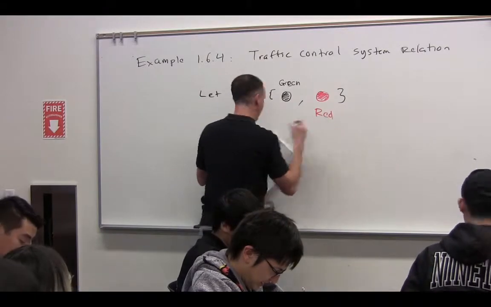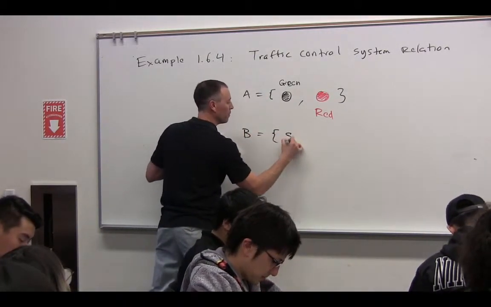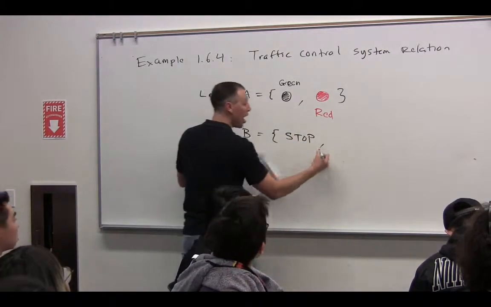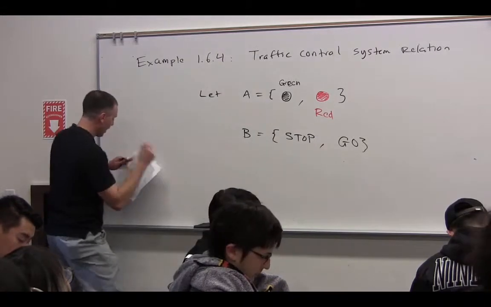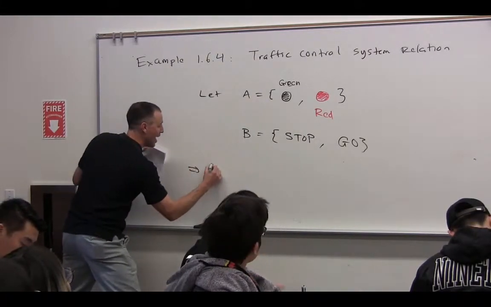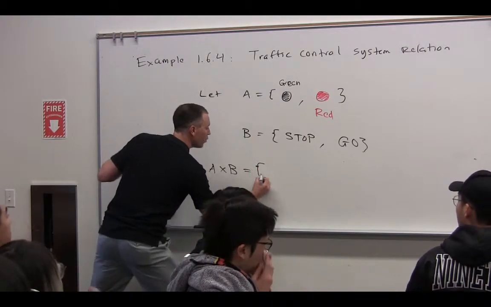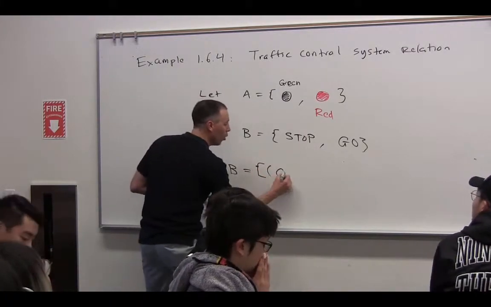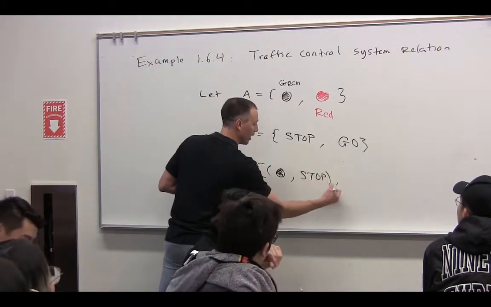All right, this is red. Could you guess what B is? The English word stop and the English word go. Okay, let's look at A cross B. What is the universe of possibilities when relating these two objects? Well, we could say that green lights go with the word stop. That's one option.